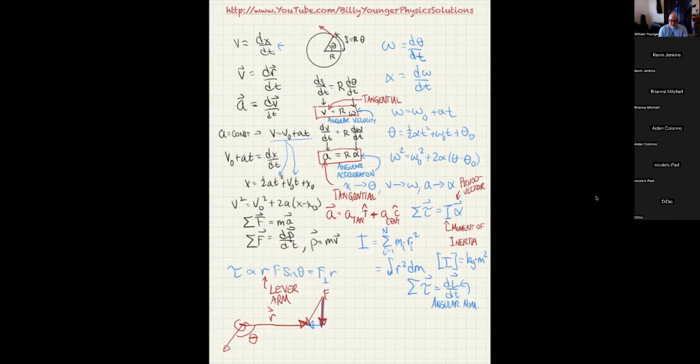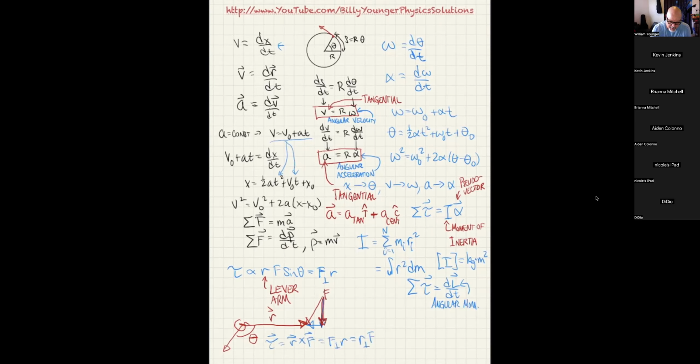So I could write it as F perp times R, but I can also write it as torque is equal to R cross F, which is what we saw by seeing R F sine theta. I already said we could do F perp times R, but we can also do R perp times F.